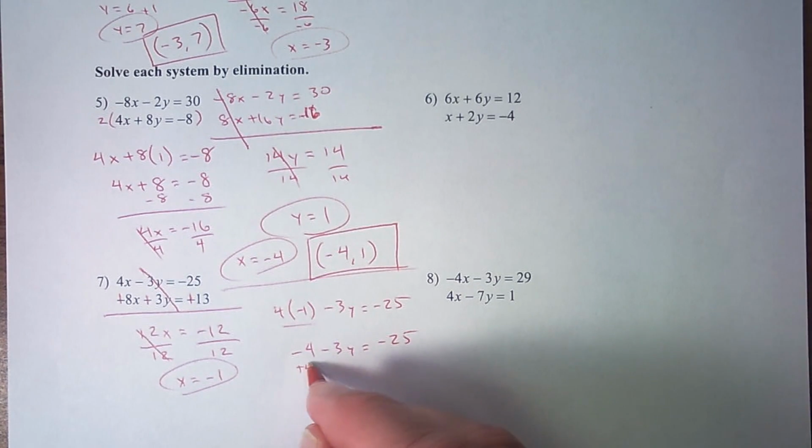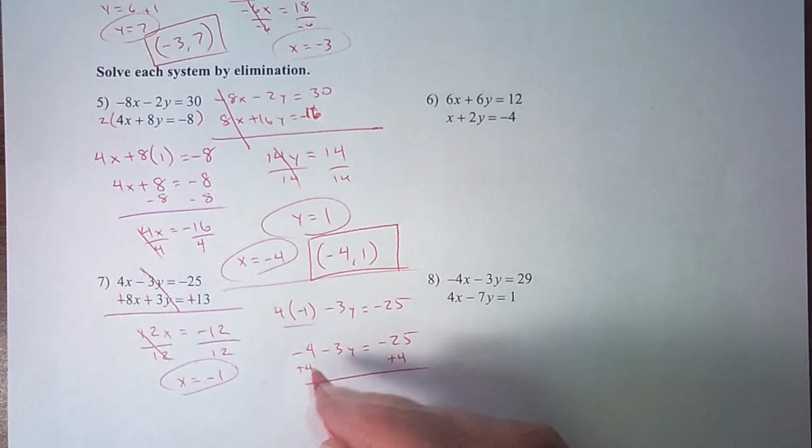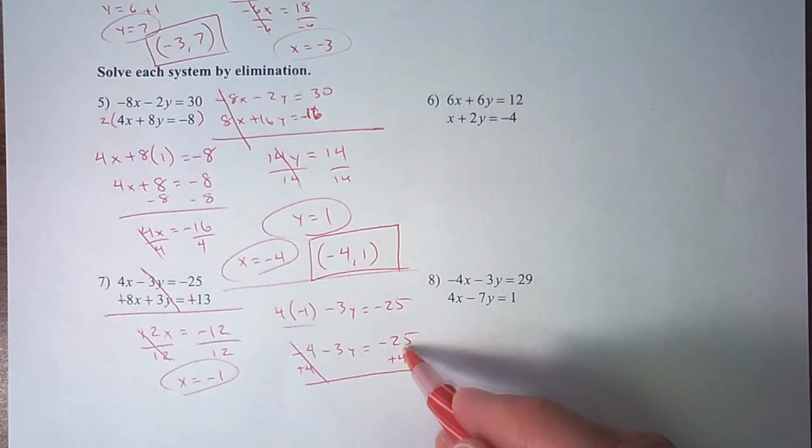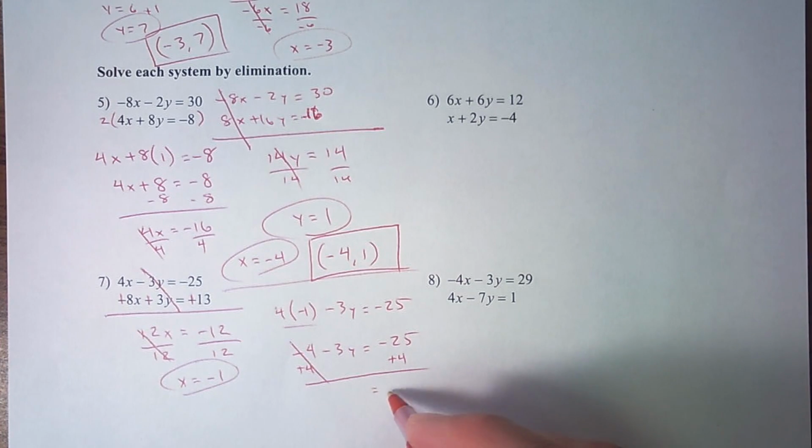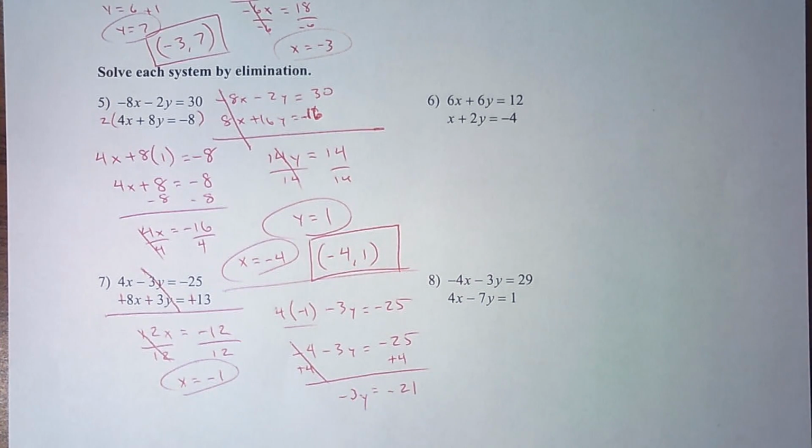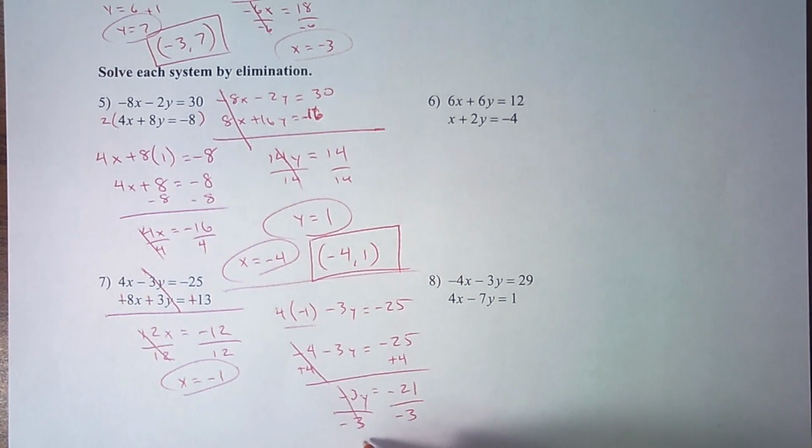Let's add 4 to both sides. Negative 25 plus 4 is negative 21 equals negative 3y. And then divide both sides by negative 3. Y equals positive 7. So my solution set is negative 1, 7.